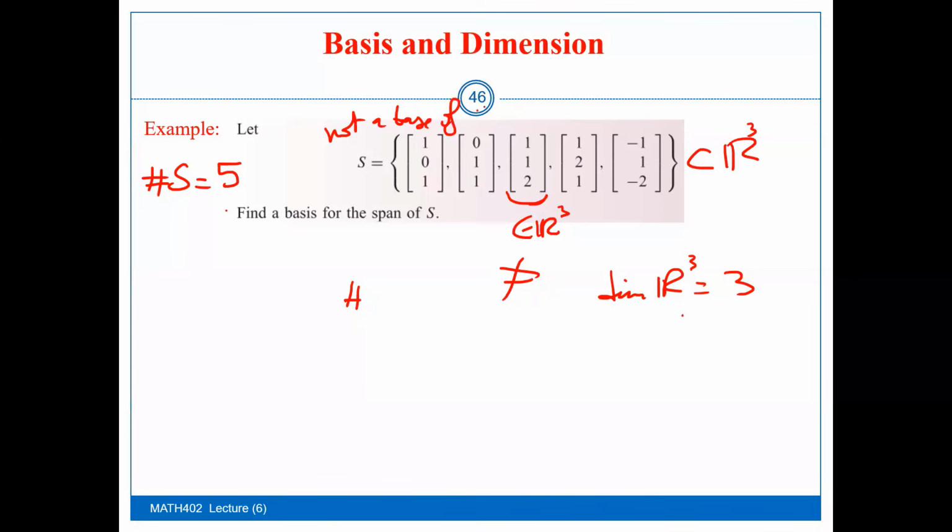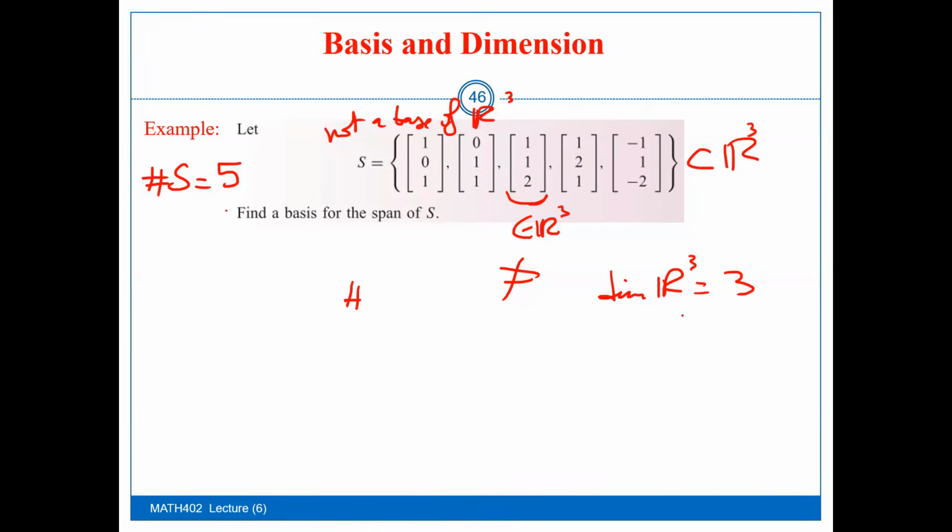Why is it not a base? It has extra elements; it must have 3 to be a base. What does it mean to have more than 3? It means we took extra vectors we don't need. They are tied to each other. They are linearly dependent. So to find the basis for the span of S, what do we need to look at? Look at the row echelon form, the leading ones.